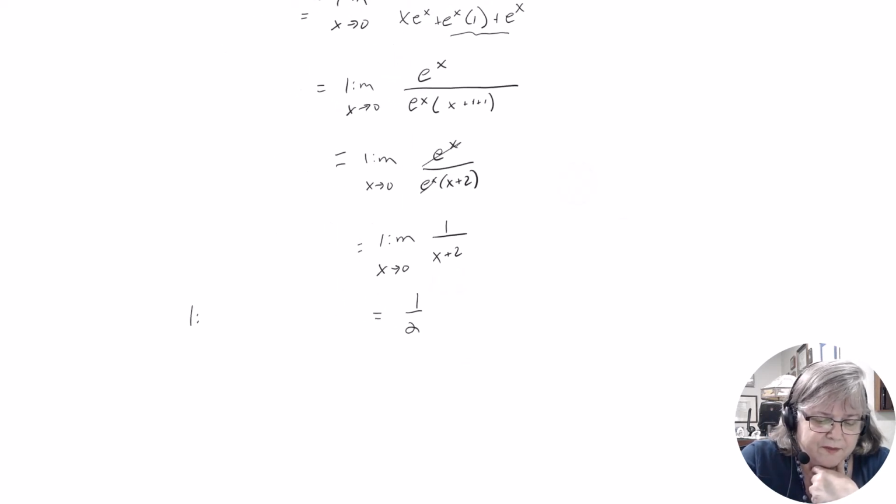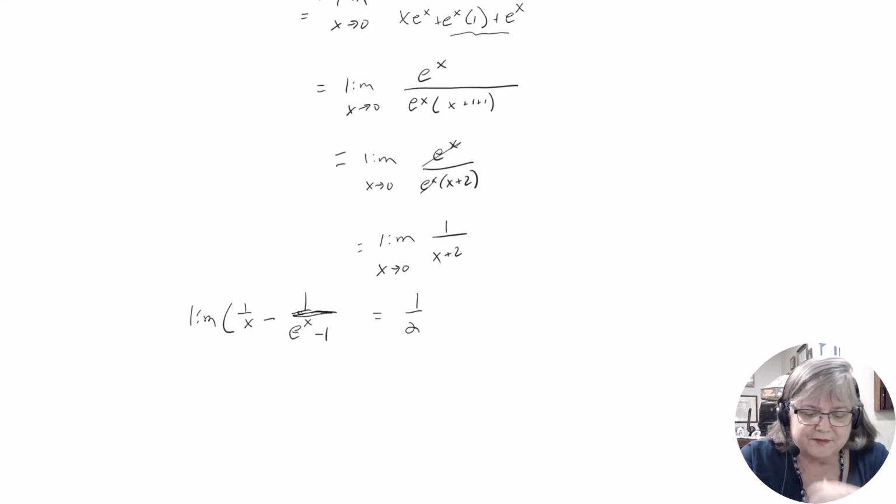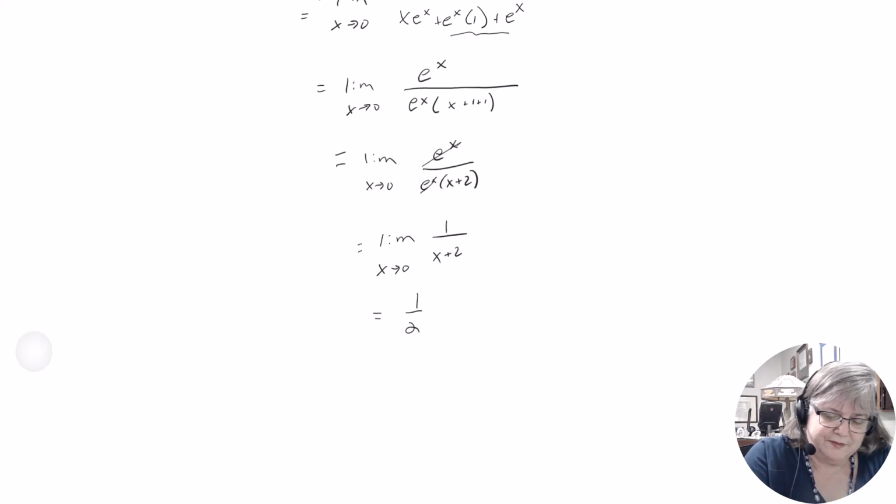So the limit of 1 over x minus 1 over e to the x minus 1. Try this again. 1 over x minus 1 over e to the x minus 1.